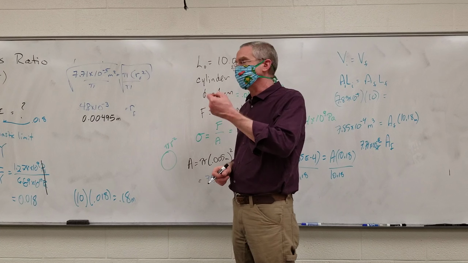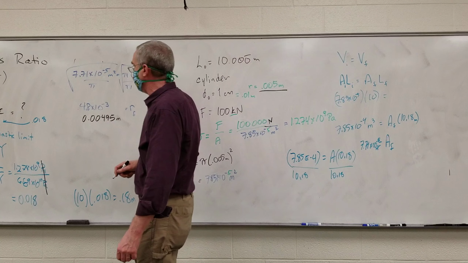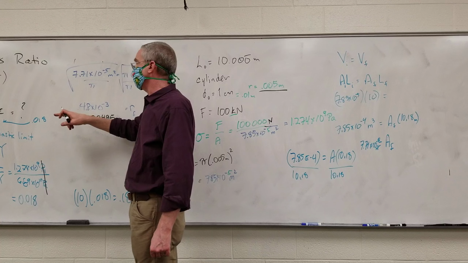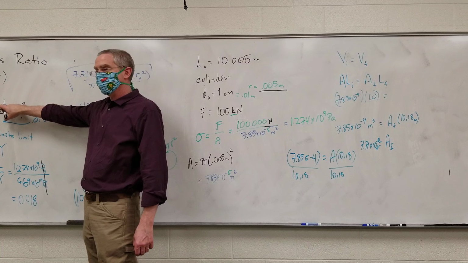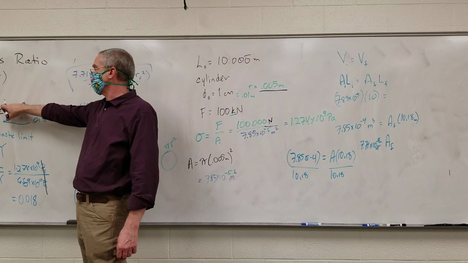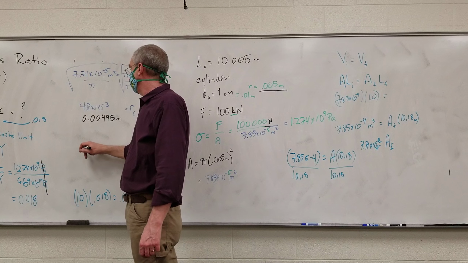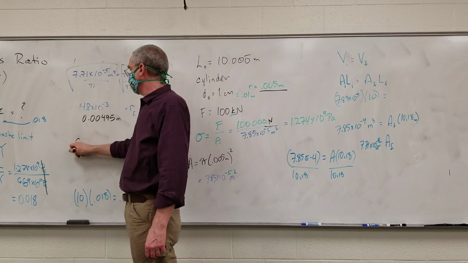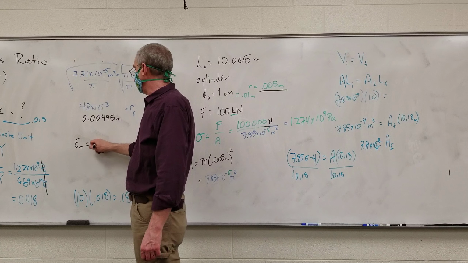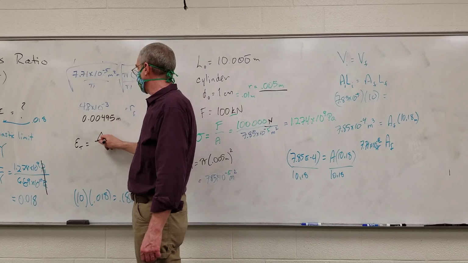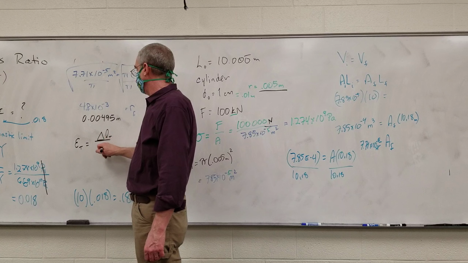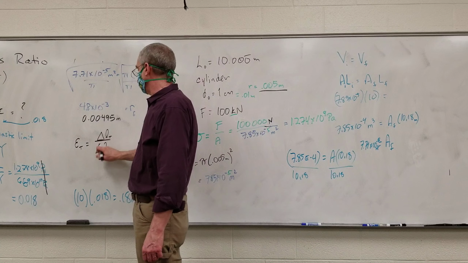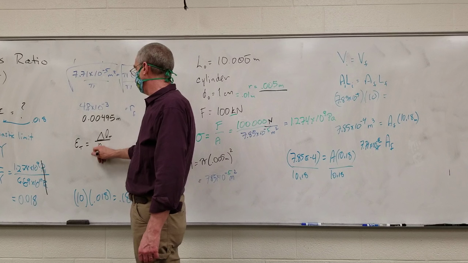But we need to figure out Poisson's ratio. That's ultimately where we're heading. So we need to figure out the transverse strain. Transverse strain would be the change in the transverse length over the initial length.